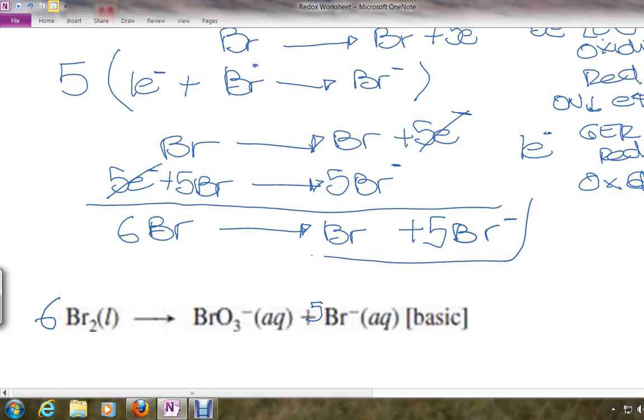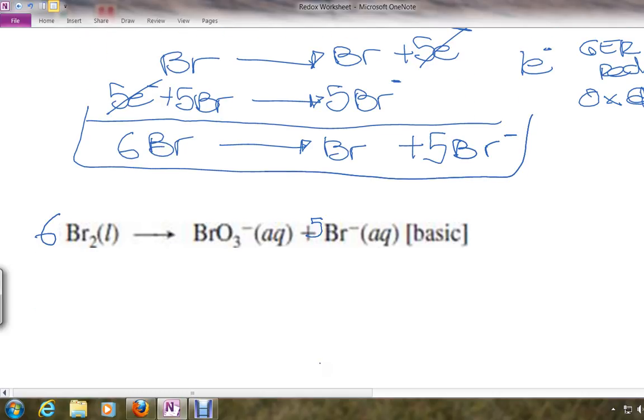This is the net redox. So now it's basic. The charges are -1 plus -5, -6.